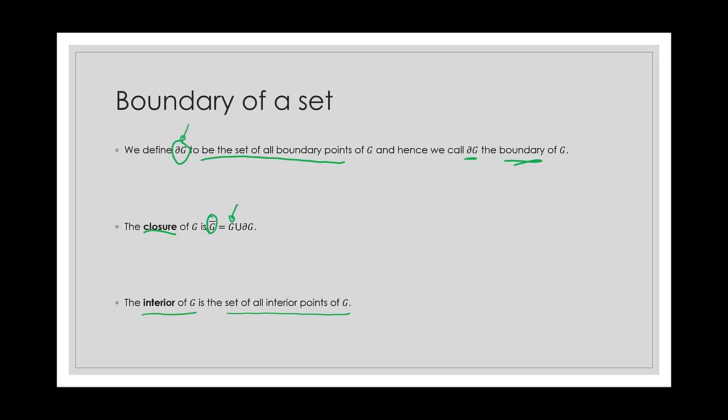But let me give you an example. Let's pick the complex number 1 plus i, and consider D(1 plus i, 1), the circle of radius 1 centered at 1 plus i.